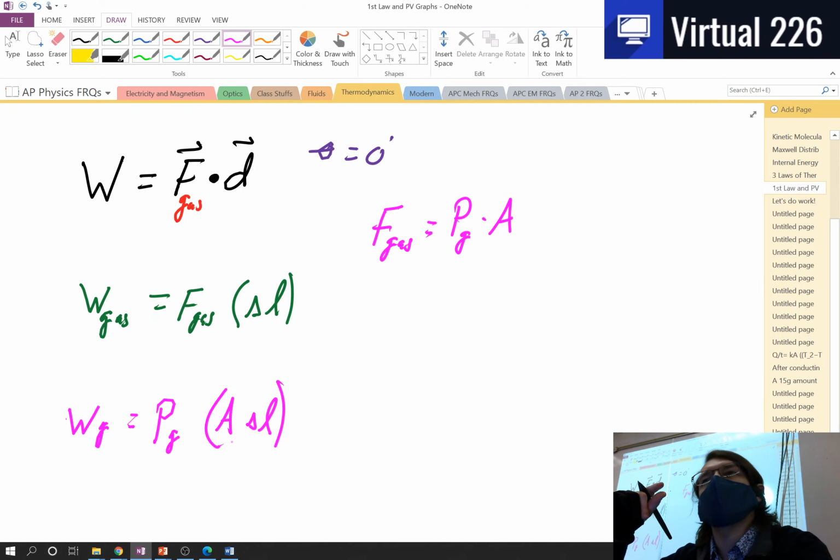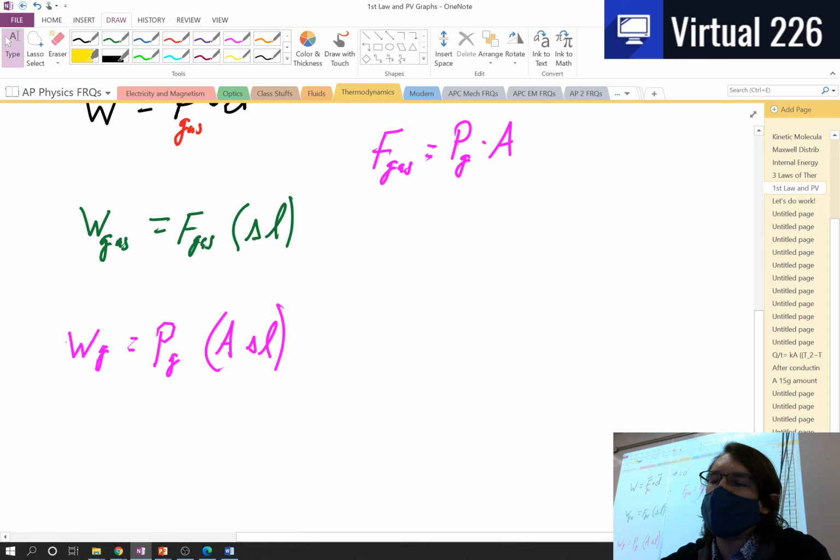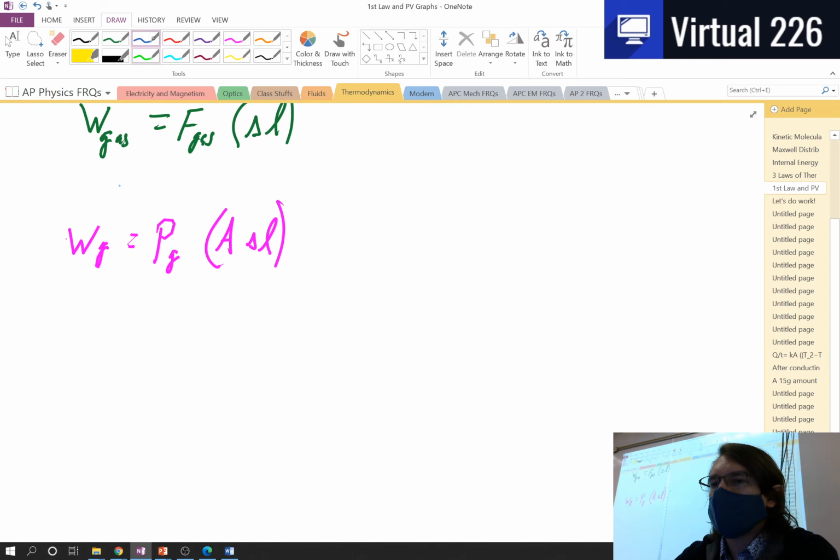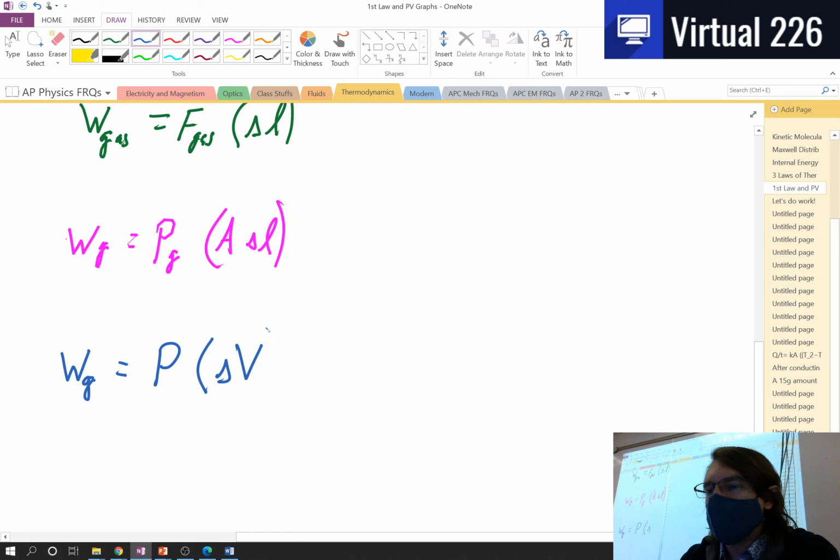So if we're just taking a small bit of that length, this is really saying a work is equal to a pressure multiplied by a change in volume. So we can say that the work done via the gas is equal to some pressure of the gas multiplied by a delta V.